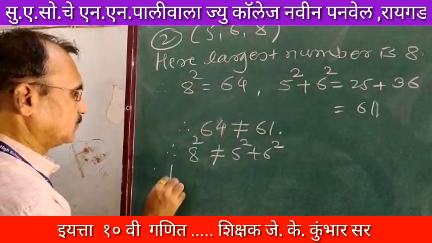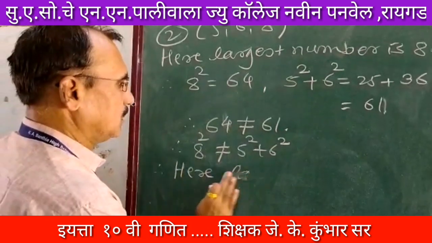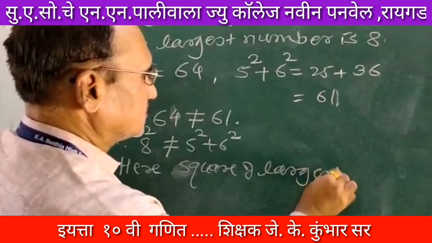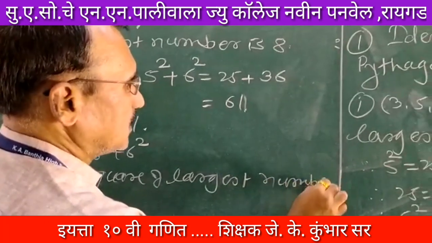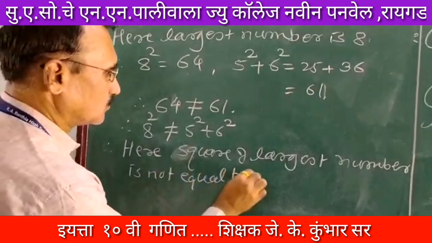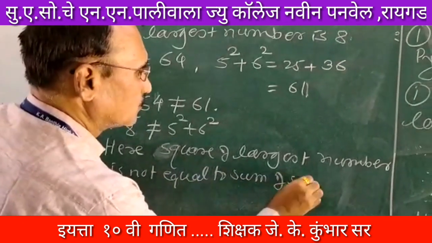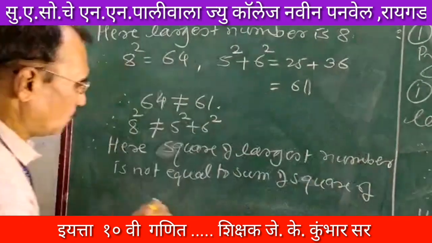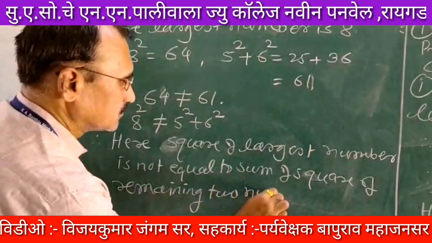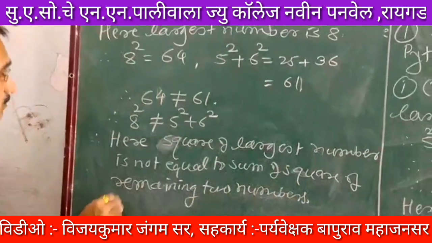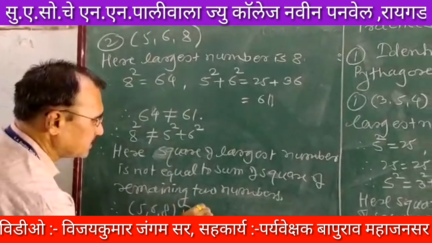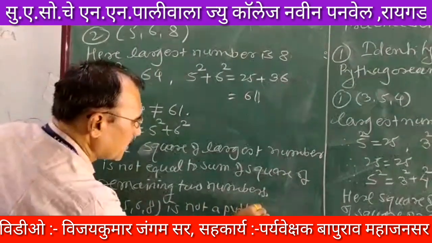And therefore here we can write the reason. Here the square of the largest number is not equal to the sum of squares of the remaining two numbers, and therefore 5, 6, 8 is not a Pythagorean triplet.